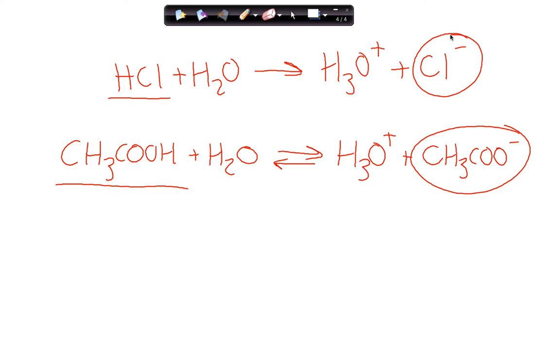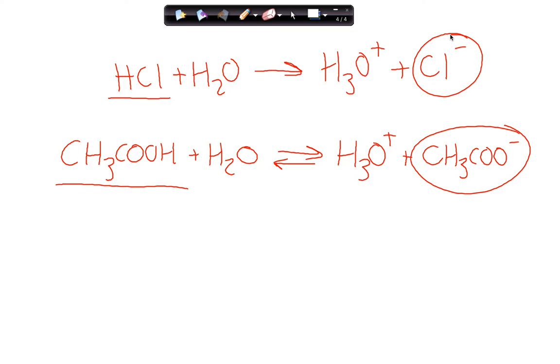The book uses the term of negligible strength. It's worthless. Guys, chloride is such a weak and worthless base that it cannot steal a hydrogen back from hydronium ion, therefore it can't drive the reaction in the other direction.